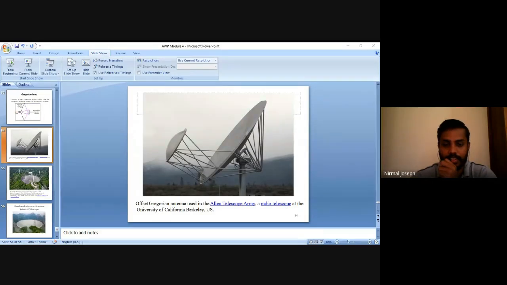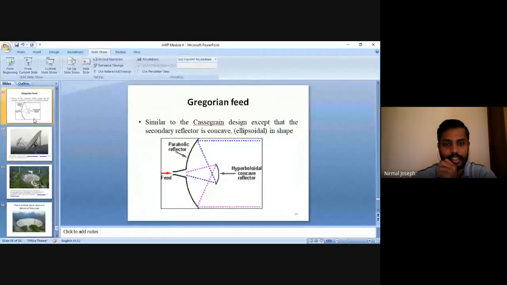See, in the classical Gregorian feed, we are using concave. Sorry, I said Cassegrain earlier; this is the Gregorian feed. In the Gregorian feed we are using concave, in the Cassegrain feed we are using convex. That is the only difference. All other things are the same.